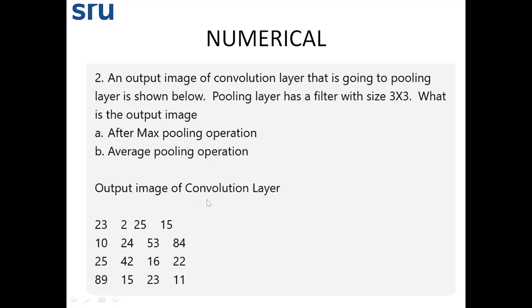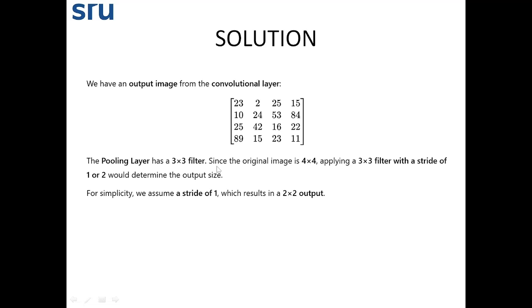Since the original image is 4 cross 4, applying a 3 cross 3 filter with stride 1 or 2 would determine the output size. For simplicity, we assume a stride of 1, which results in a 2 cross 2 output.